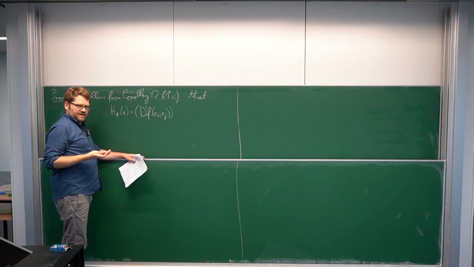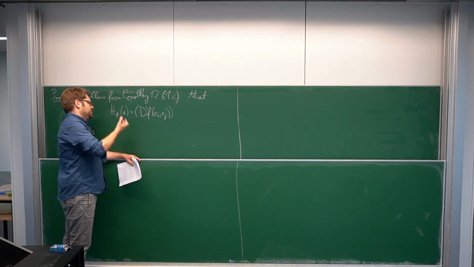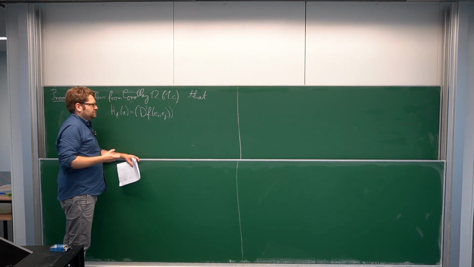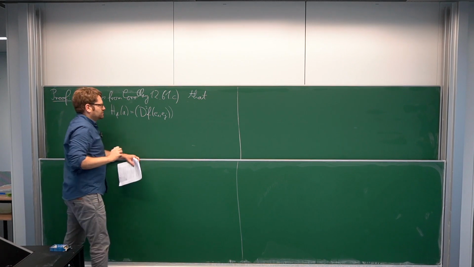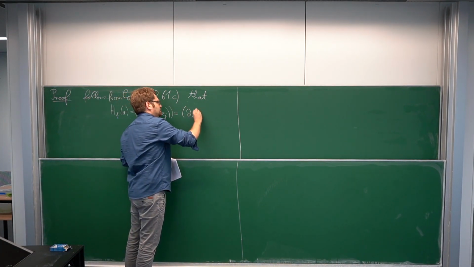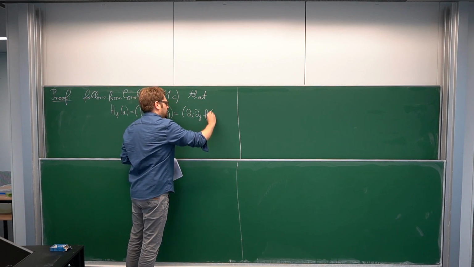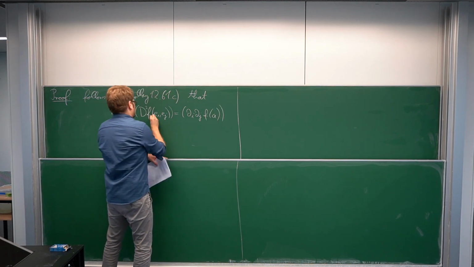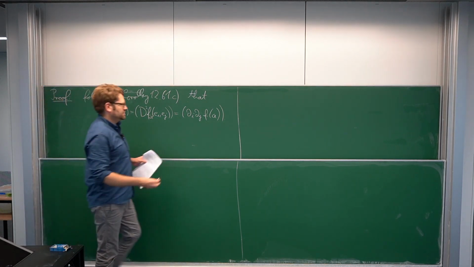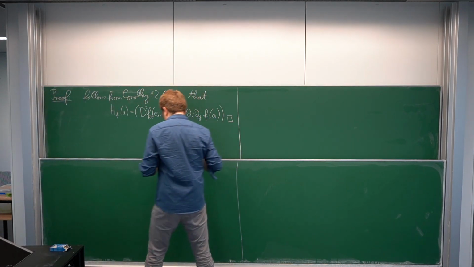So we take a basis and insert the basis vectors there, and the matrix is representing this with respect to the canonical basis. Just by definition, this is the same as the matrix D_i D_j of f in a. This is precisely the way that this is defined. So this already shows the claim, and there's nothing left to prove.